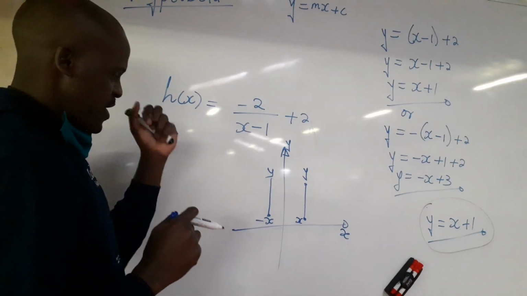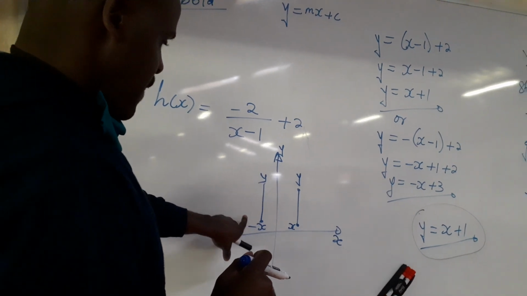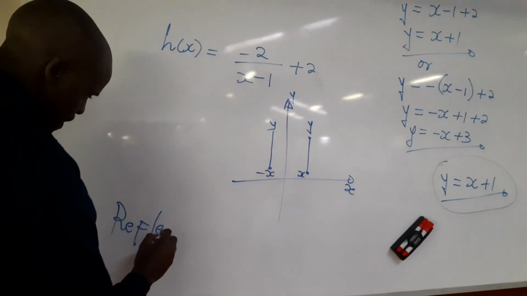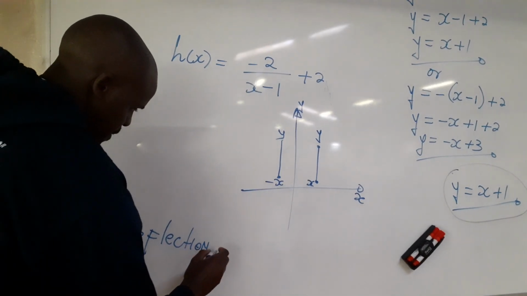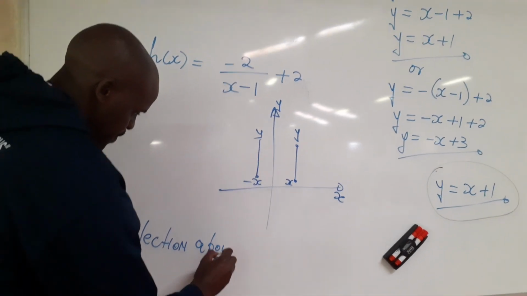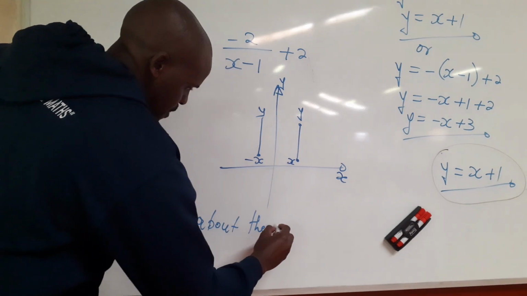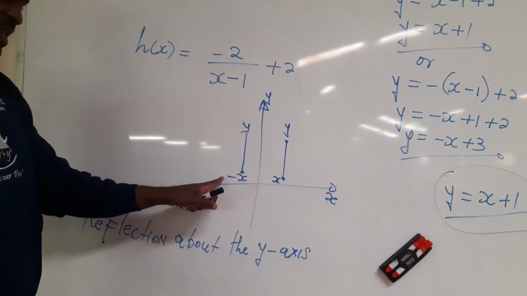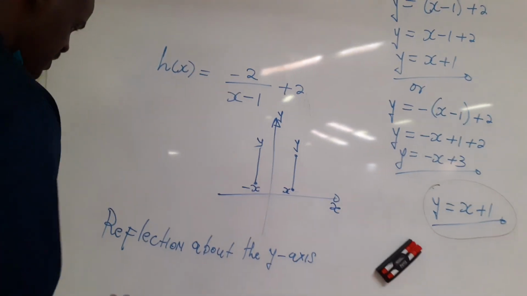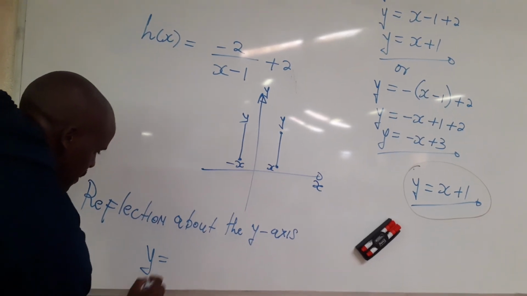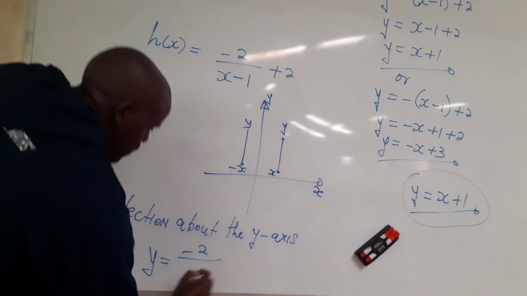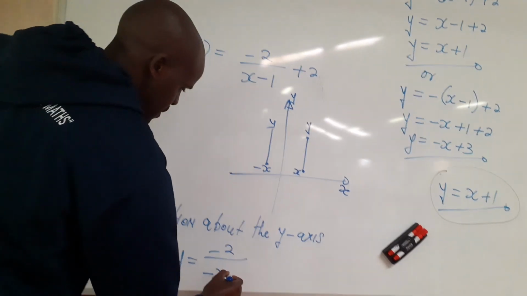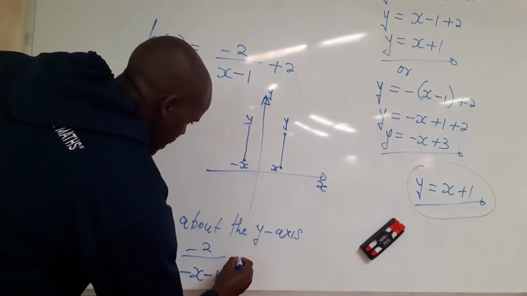That means the image, if you are to reflect about the y-axis, it will affect x, which means this equation, it's y equals negative 2 over, you just multiply x by negative, it's minus x minus 1 plus 2.